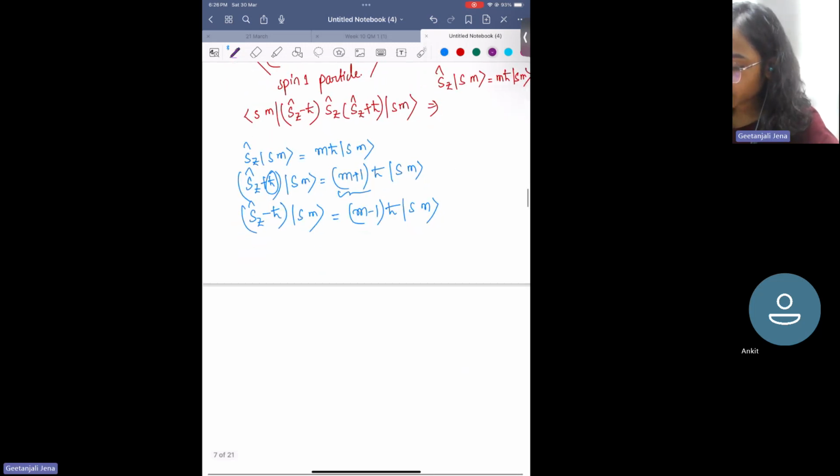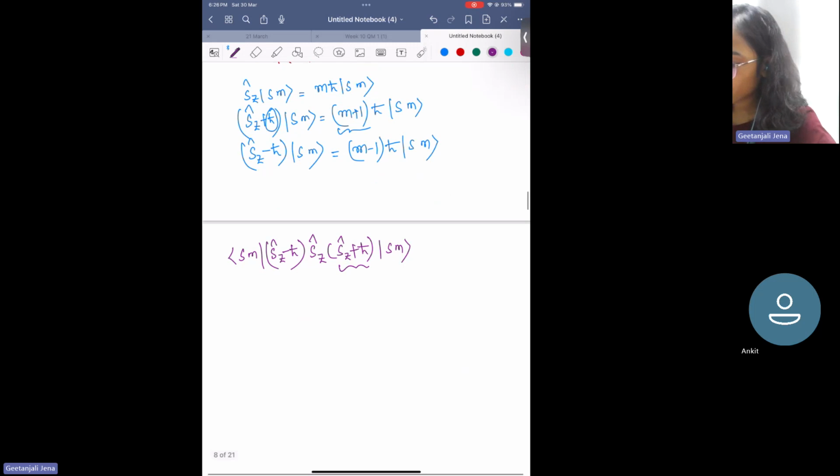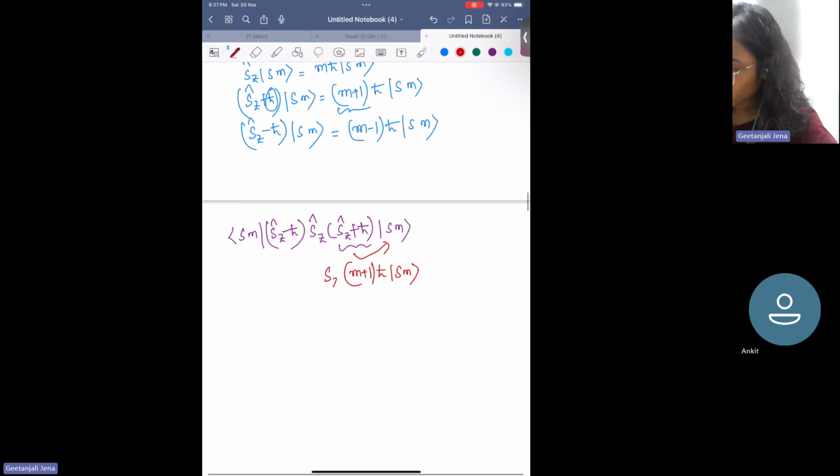So now let us see the expectation value <s,m|(Sz minus ħ)(Sz plus ħ)|s,m>. First, this operator will act on |s,m>. You will get (m plus 1)ħ|s,m>. Then the Sz will act on it. Let me write the final.